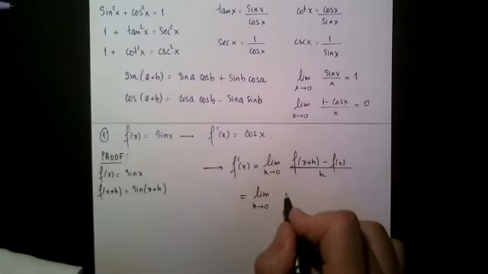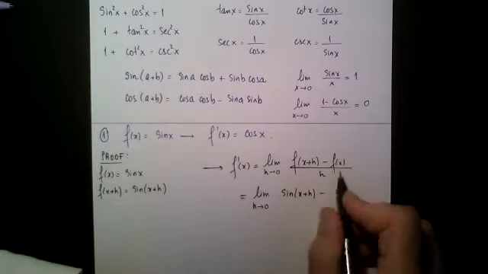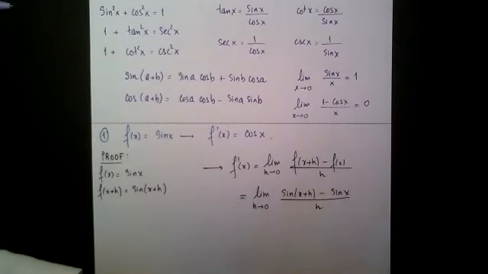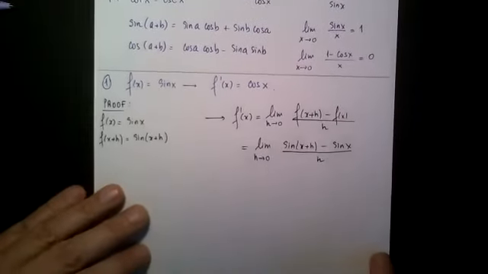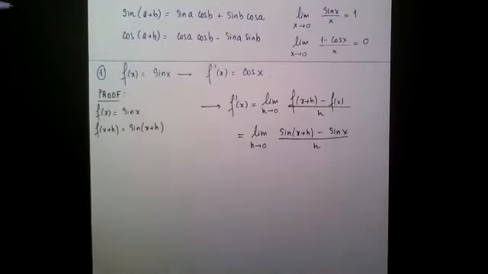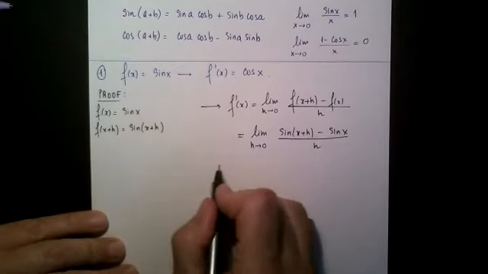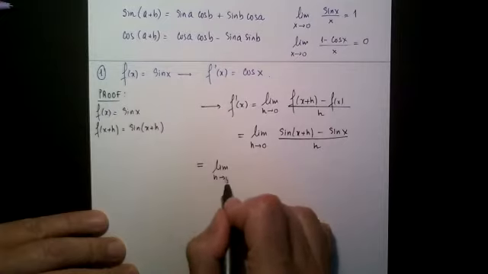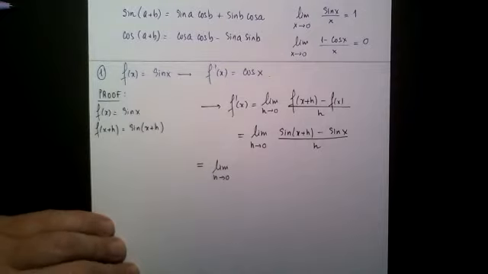So f of x plus h will be sine of x plus h minus f of x, which is sine of x, and then all this over h. Equals limit as h approaches 0. So sine of x plus h, what is that?